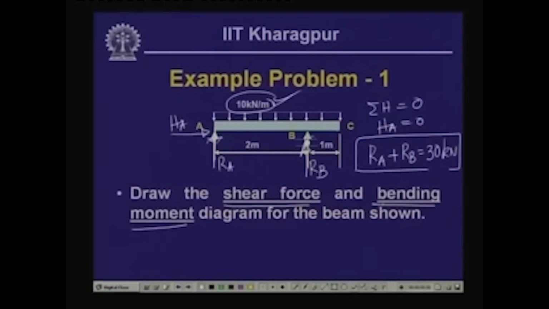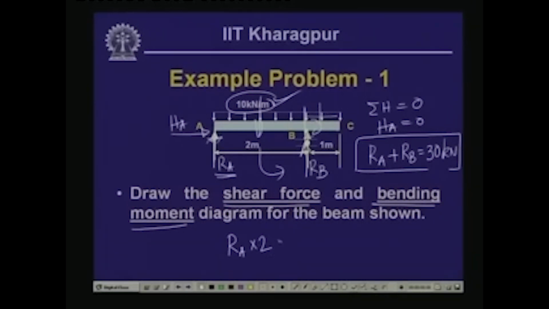Now, if we take the moment of all the forces with respect to B, then we can get the value of the reactive force Ra. So, Ra into 2 is a clockwise moment, this part of the loading causes an anticlockwise moment, and this part of the loading causes a clockwise moment.